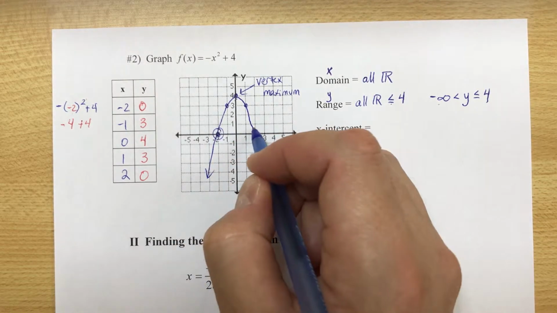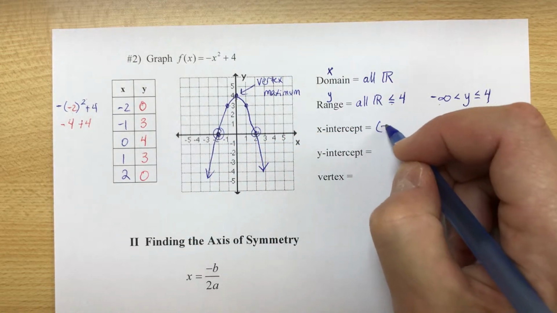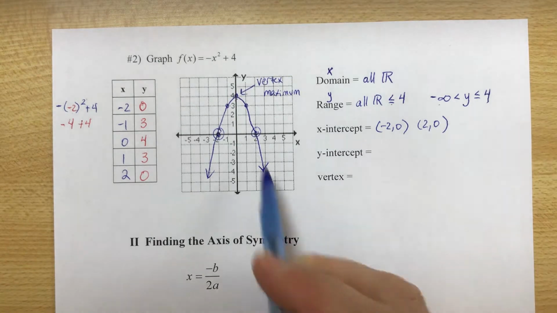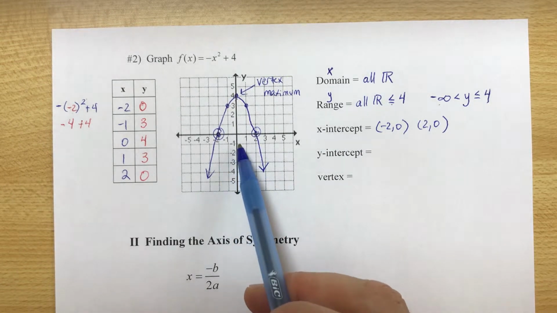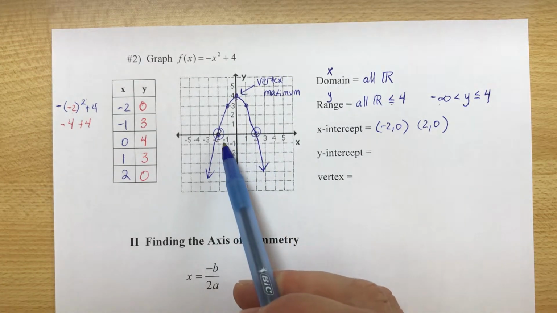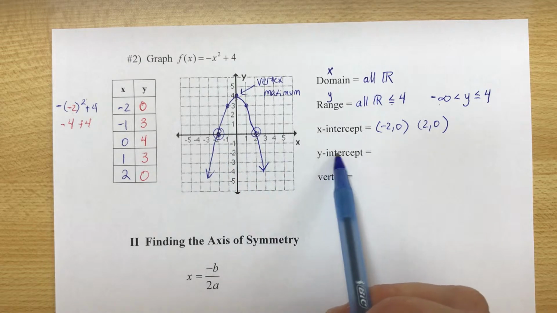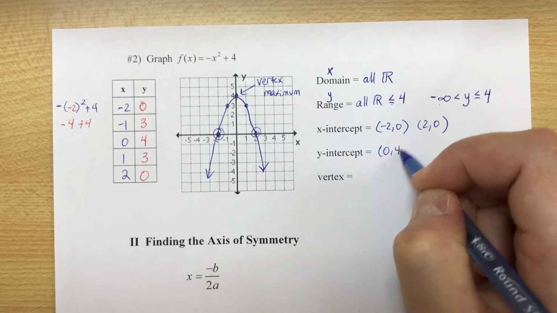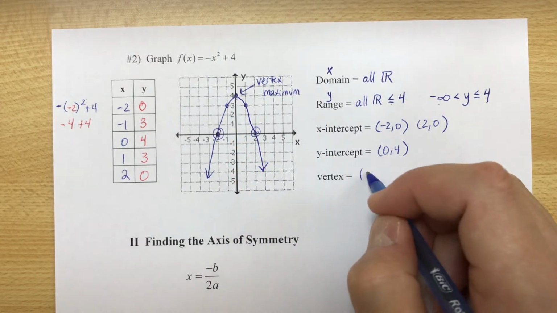X-intercepts, we have 2 of them. We have -2, 0 and +2, 0. Now, you are sometimes going to get decimals. These work out nicely, but that's not always the case. The y-intercept would be at 0, 4. And the vertex is also 0, 4.